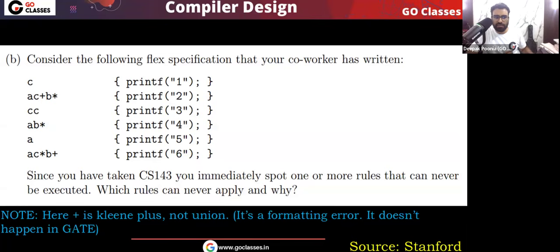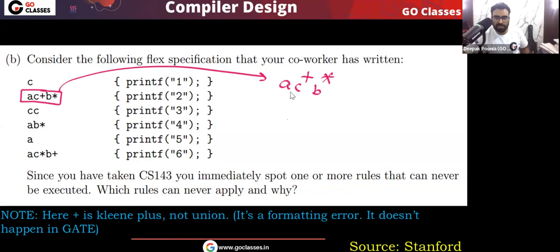be generated. One more thing here, there is a formatting error in this question. Actually, this is C plus. This is actually A C star B plus.